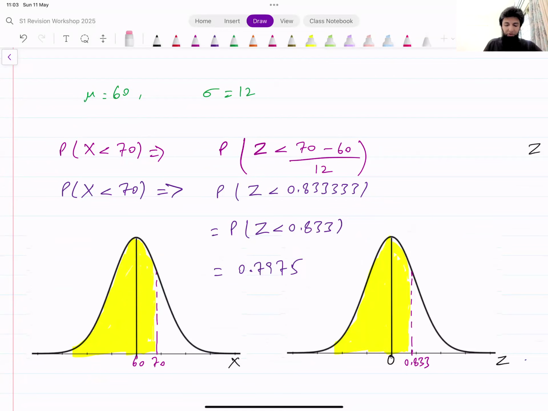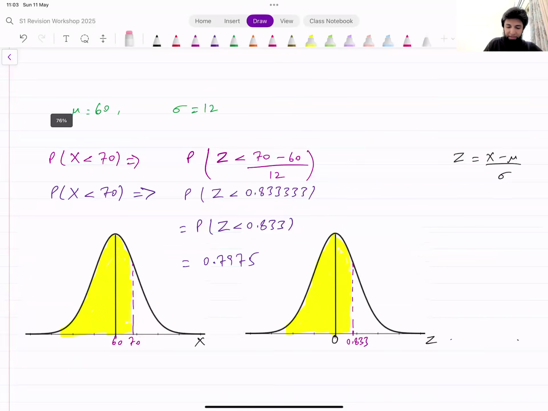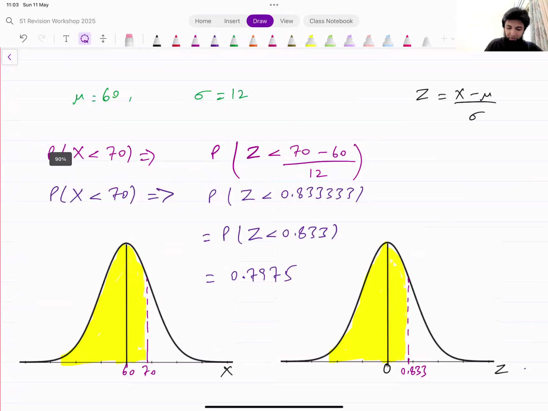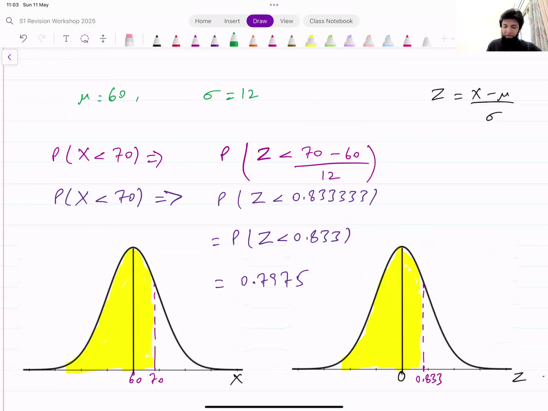Now, to be able to use that table to find the area, what we do is we first of all convert it to z. How do we do that? Using that formula, z equals x minus mu over sigma. Whatever value of x we are given, we convert that to z first of all. So 70 minus the mean divided by the standard deviation, and that gives us the corresponding z value. In this case, that turns out to be 0.833.